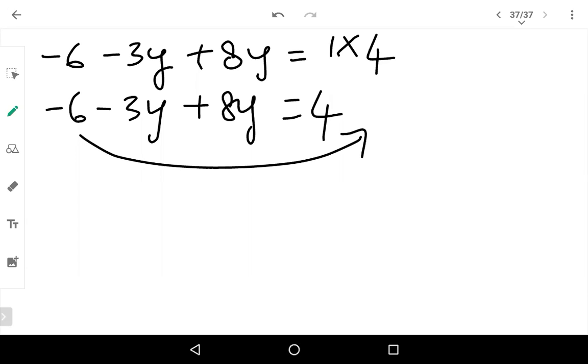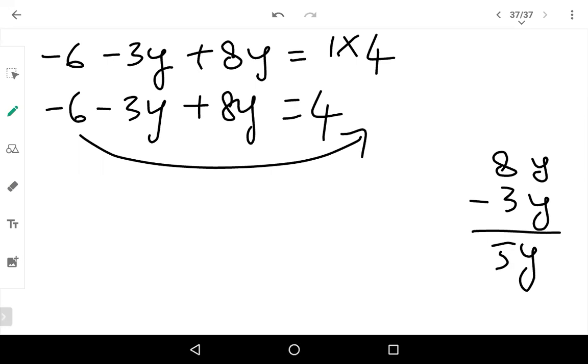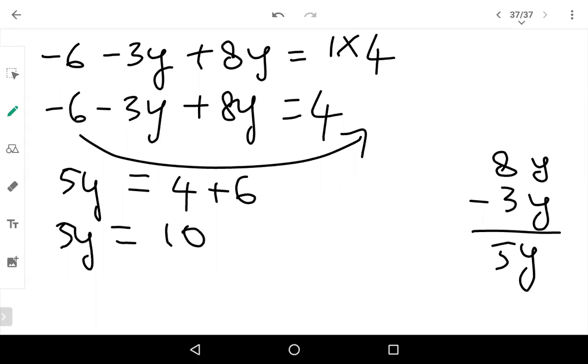Minus 3y and plus 8y, which is 8y minus 3y, you get 5y. So 5y is equal to 4. If I take minus 6 to the other side, it will become plus 6. So 5y is equal to 4 plus 6 is 10. y is equal to 10 by 5.